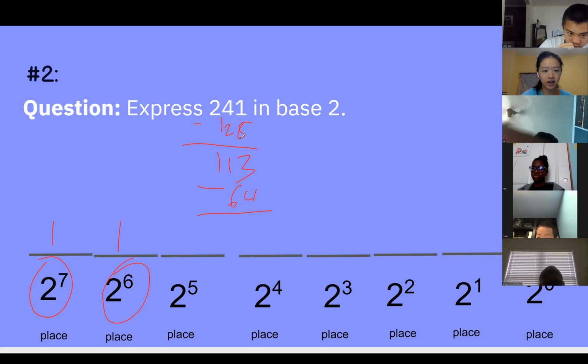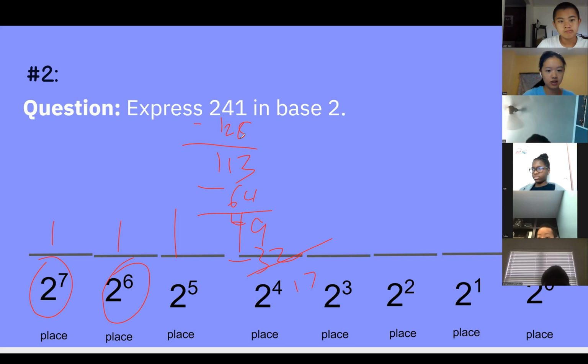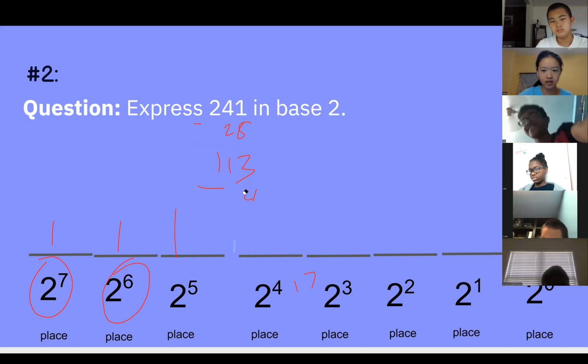And then that gives us 49. So the biggest power of 2 that fits into 49 would be 32. And so that gives us 17. After that, I'm going to erase these because they're getting in the way.